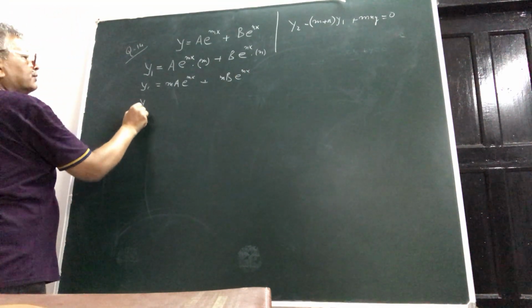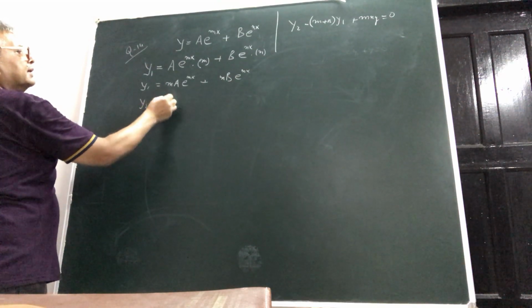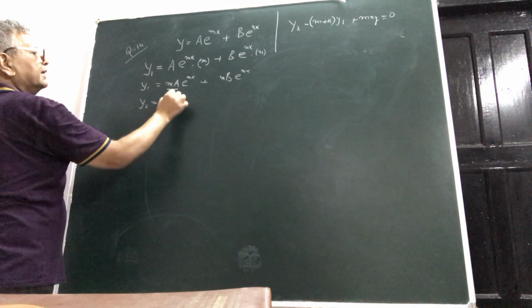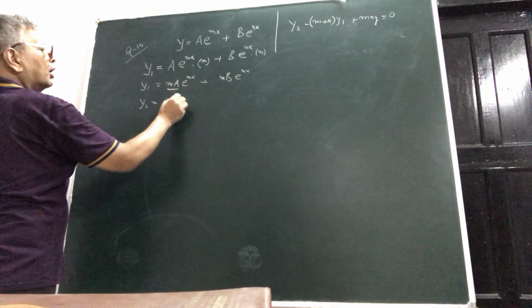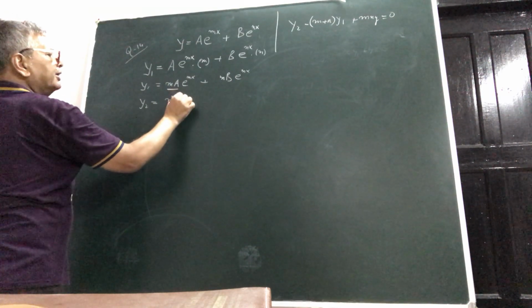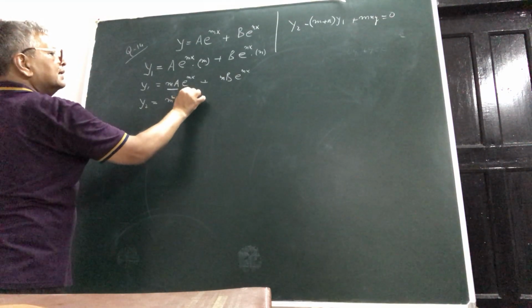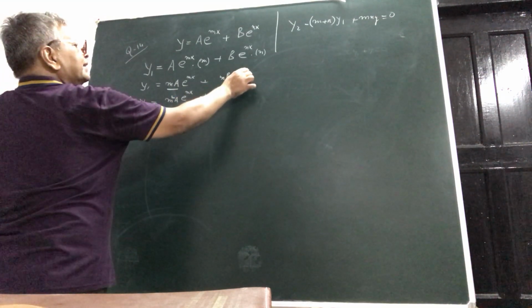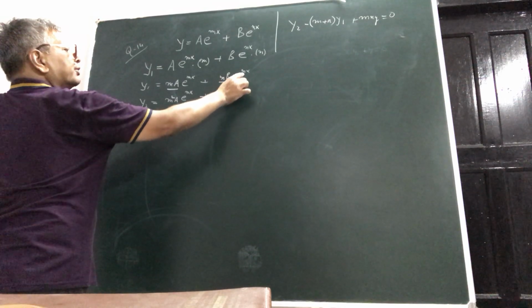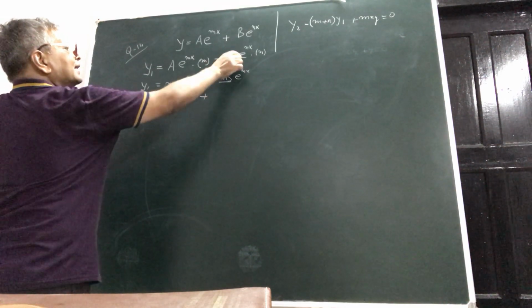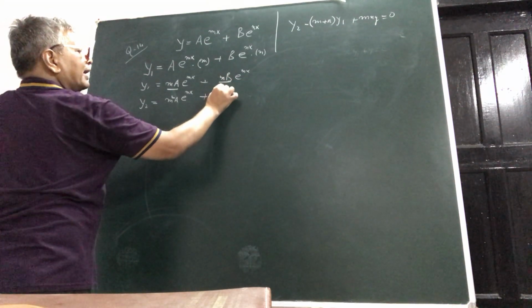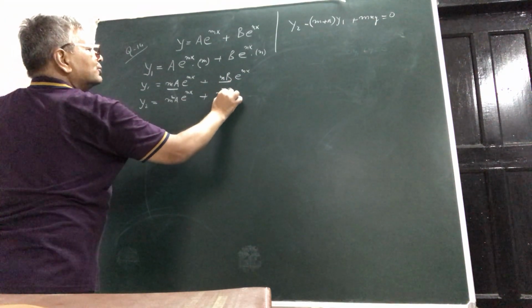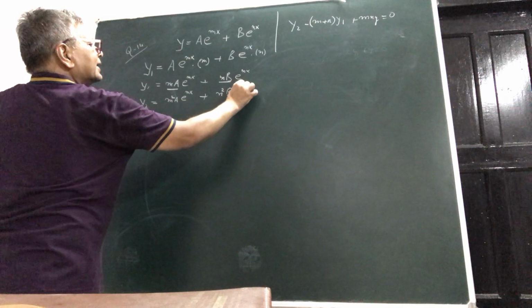So what you will get is y2: ma is a constant, and the derivative of e raised to power mx will again be m into e raised to power mx. Plus likewise, nb is constant, so the derivative of e to the power nx will be n e raised to power nx. That n multiplying with the earlier n will give you n square b e raised to power nx.